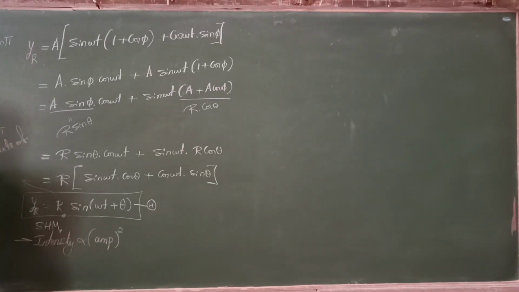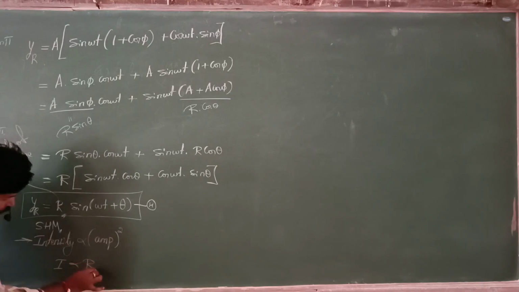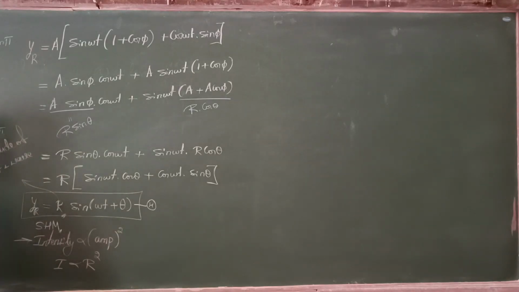So we can write this as r square. I is directly proportional to what? I is directly proportional to r square.